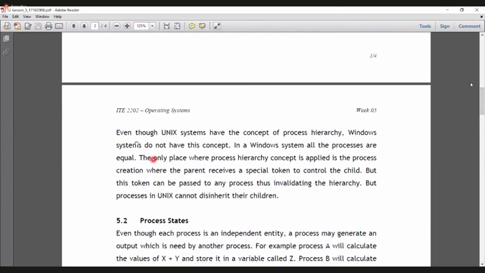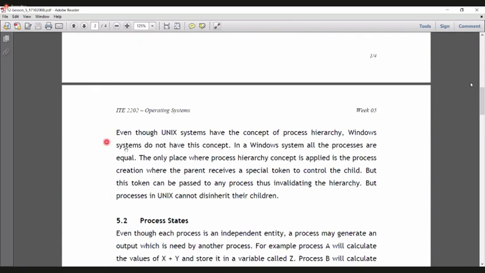Now, even though Unix systems have the concept of process hierarchy, Windows systems do not have this concept. One group of processes may be associated with the keyboard, another group may be accessing system files, the root directory, and so on.